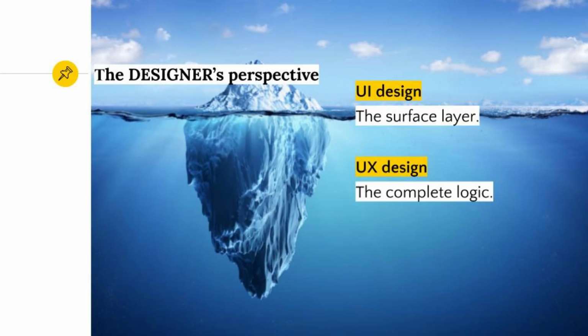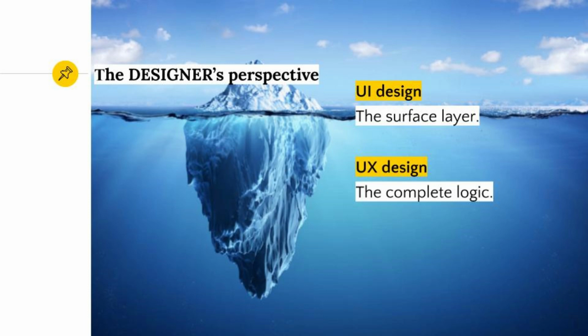So now let's switch and see the designer's perspective. What are the UI and the UX from the designer's perspective? And I will try to explain these two terms by giving you an analogy. Imagine that you have a big iceberg in front of you, but you can only see the tip of that big iceberg. This is the UI.